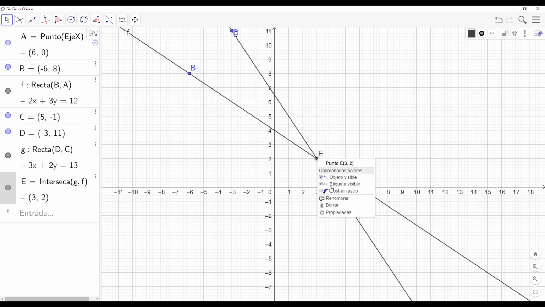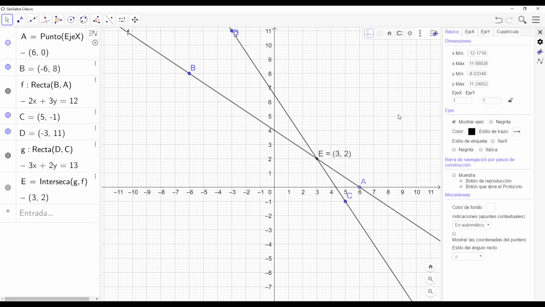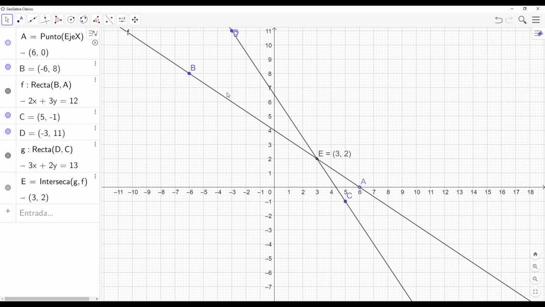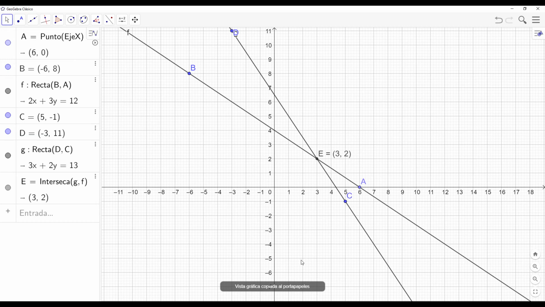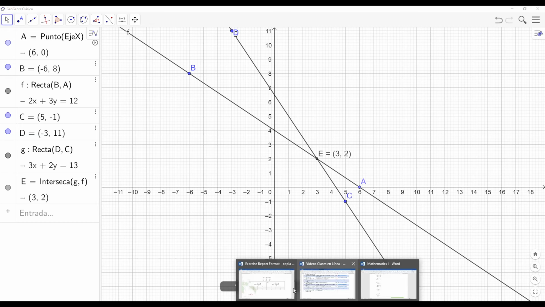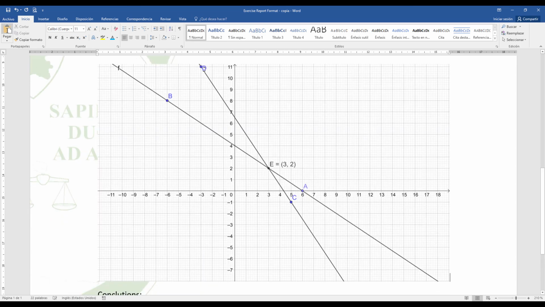Now you need to copy, then go here and paste the graph.